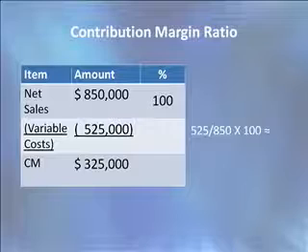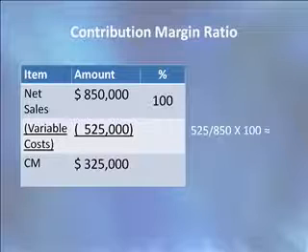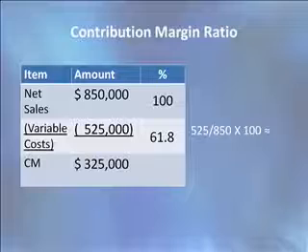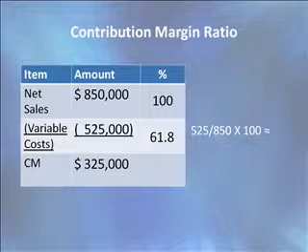For variable cost, it's fine to drop the zeros when we make the computation. 525 divided by 850 net sales gives a decimal, multiply by 100 to get a percentage. And we need to round. In this case, we're going to round at 1 decimal place. Always check with your instructions to see when you should round.